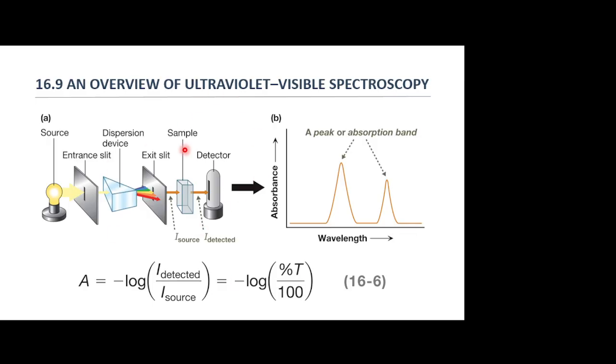This is normally done in absorbance because oftentimes you want to use Beer's law with this. Does anybody remember Beer's law at all? Okay, that is absorbance equals path length times the concentration times epsilon, which is the absorptivity. Okay?